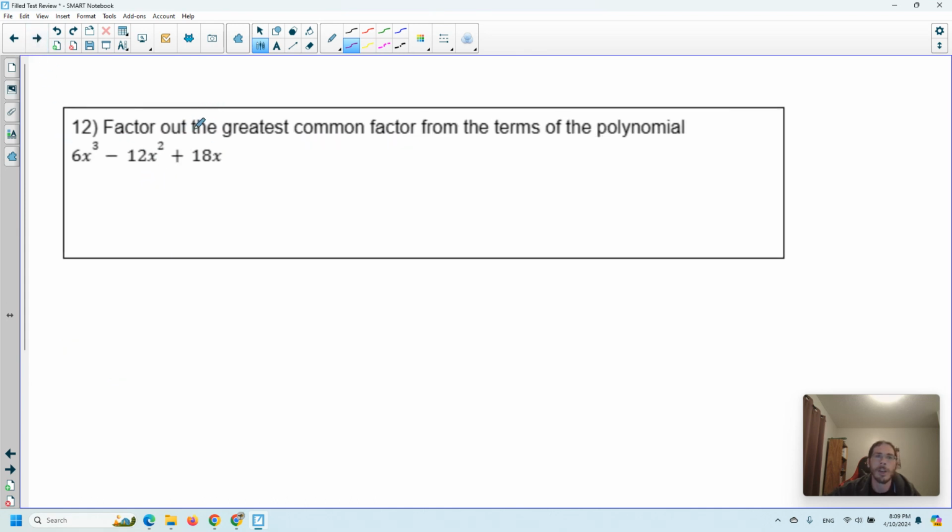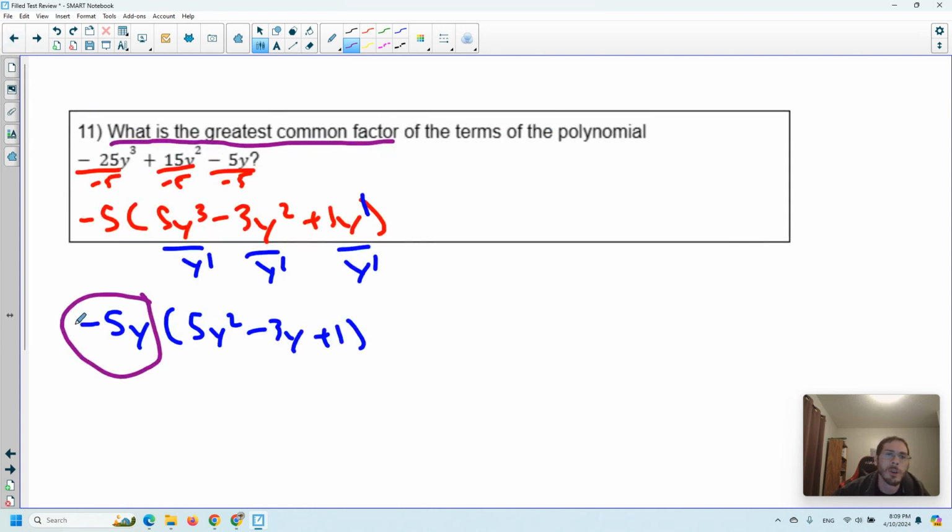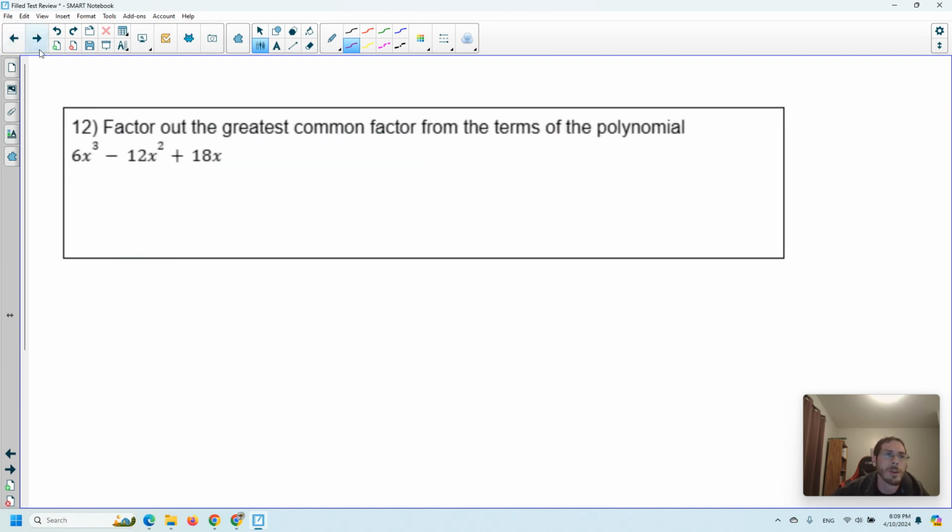For 12, it says factor out the greatest common factor from the terms of the polynomial. We're doing the exact same thing, except this time we need the whole answer. We can't just use the first part. It's not just what we divide by. So again, we look to see what number we can divide everything by. 2 would work, so would 3, but 6 is the biggest, so we're going to pick 6. So 6 divided by 6 is 1.